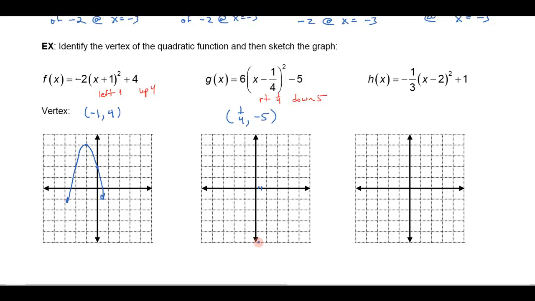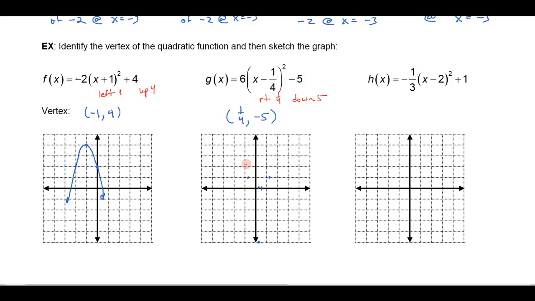So here's my vertex. And then the 6 tells me that's going to open up and it's going to be really skinny. And if I want to know how skinny, I'd go over 1 from that vertex and up 6. And over 1 in this direction, up 6. So you can see that's really skinny, isn't it?